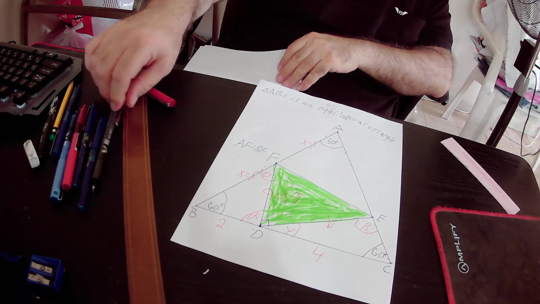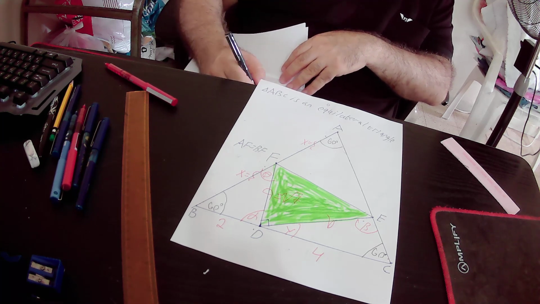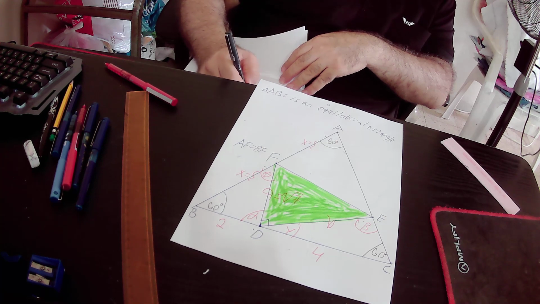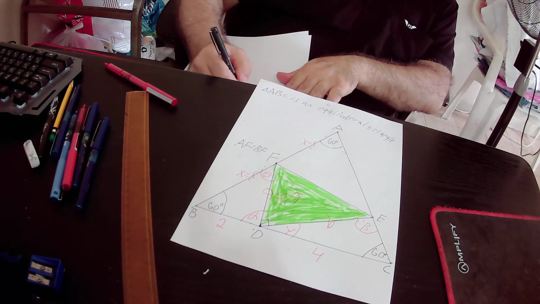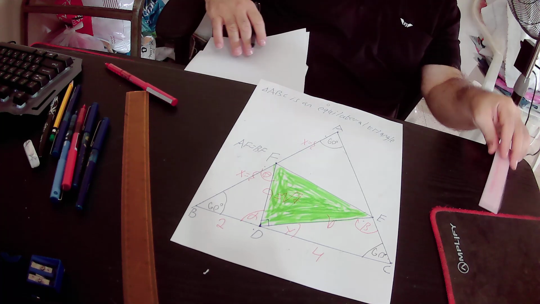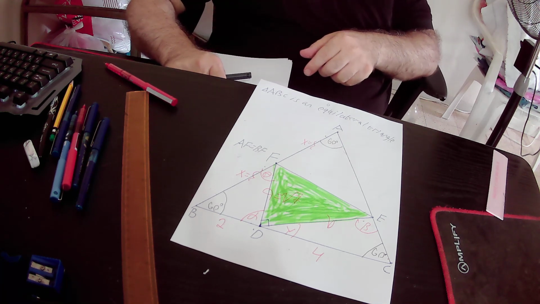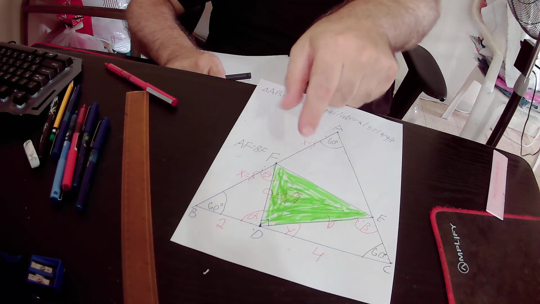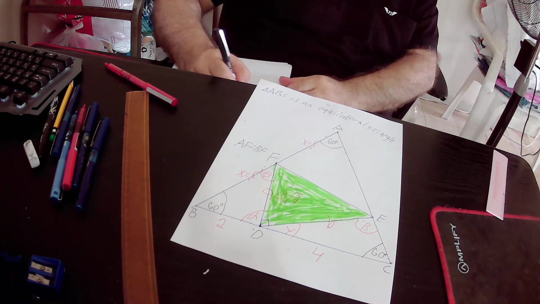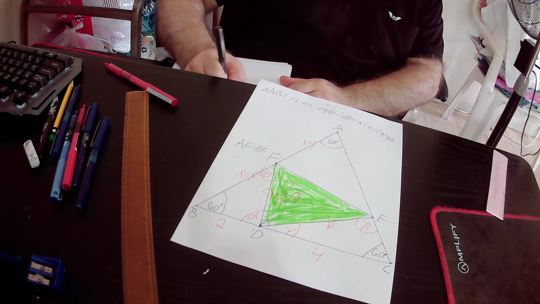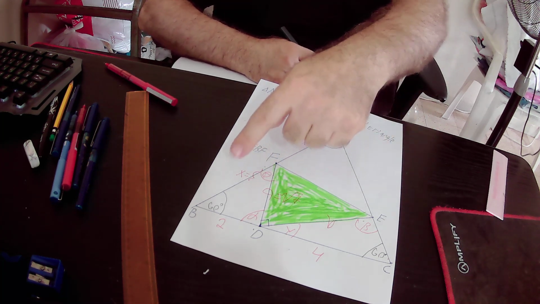So, according to the law of sines, in triangle FBD, BD over sinus theta equals FD over sinus 60 degrees.